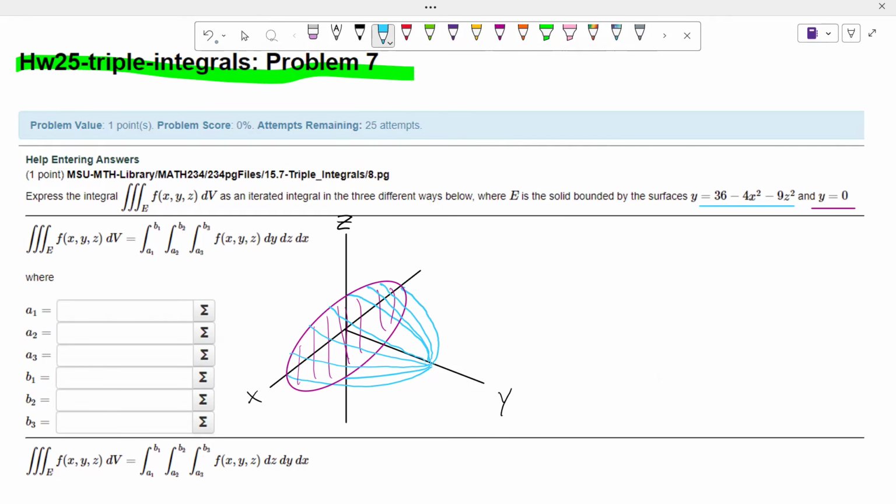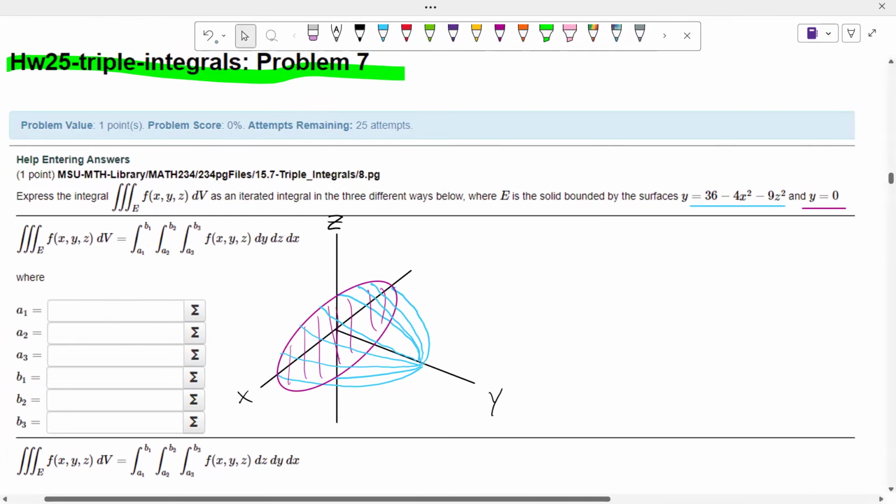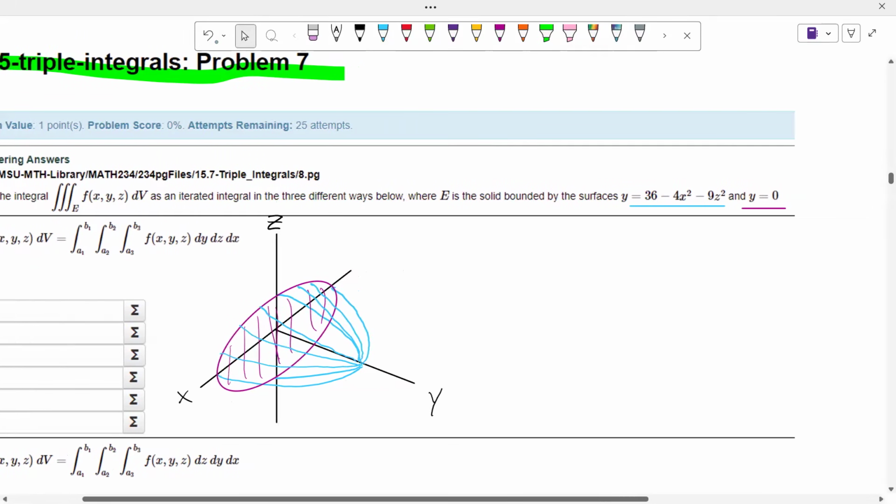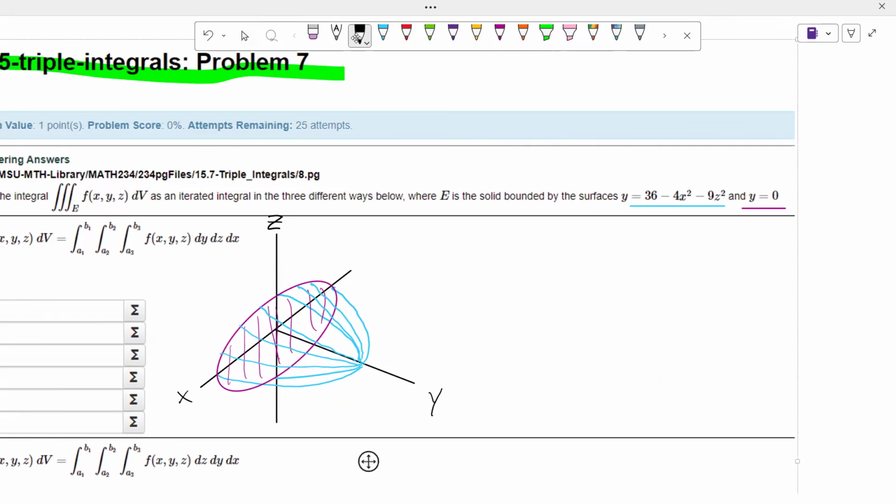We're looking to find an order, it looks like dy, then dz, and then dx. So if we're doing dy first, I need a projection into the xz plane. What is this going to look like?